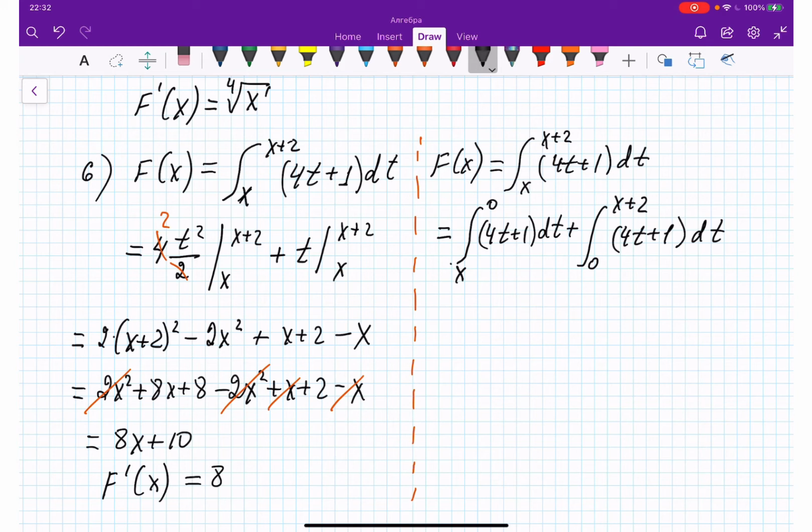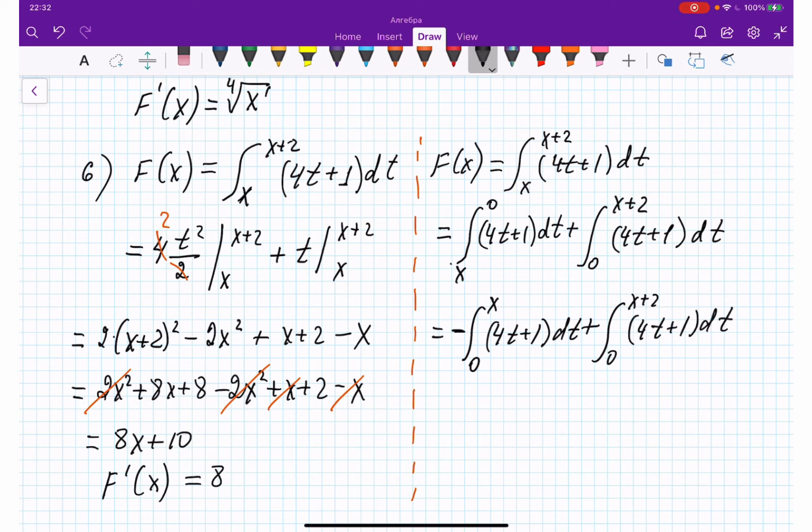Okay, so from here I'm going to switch the positions, so bring the constant to the lower level and x is going to be the upper level, but we are going to pay for it with a negative sign. So negative integral from 0 to x of 4t plus 1 dt, plus the integral from 0 to x plus 2 of 4t plus 1 dt.